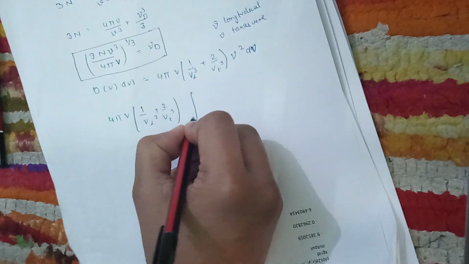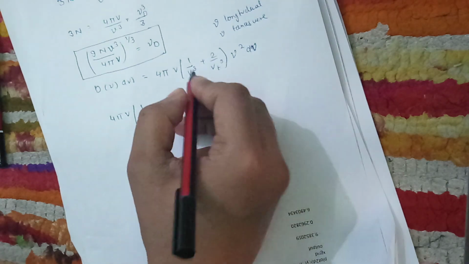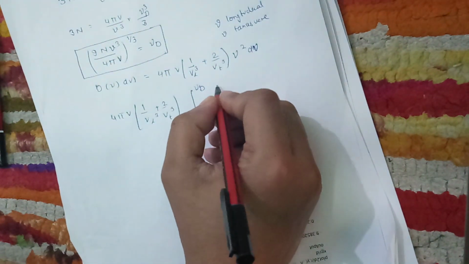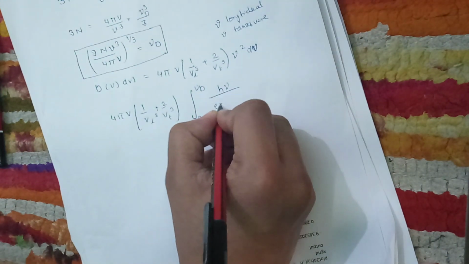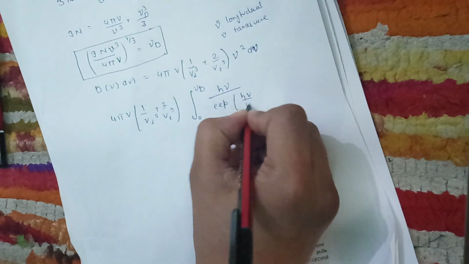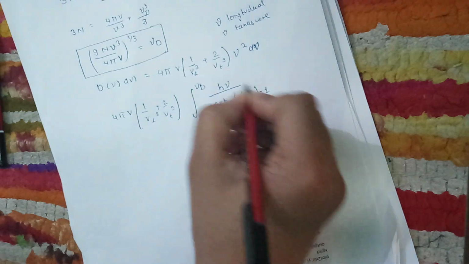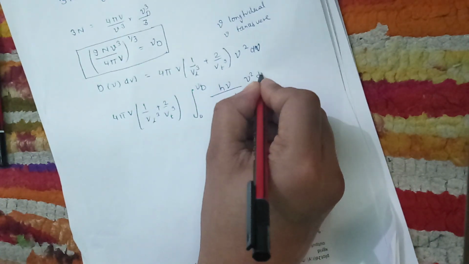Now we integrate 0 to nu d. Here we put the value from Einstein, h nu upon exponential h nu by kt minus 1, and here is nu square d nu.